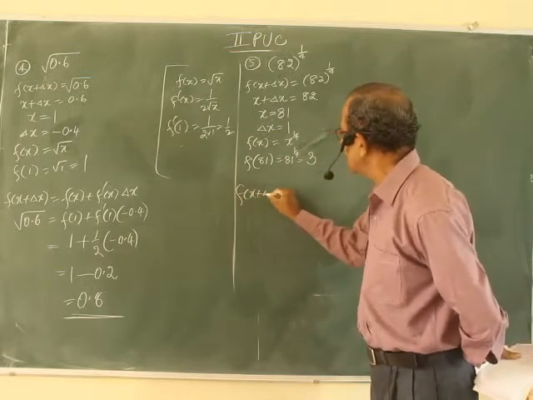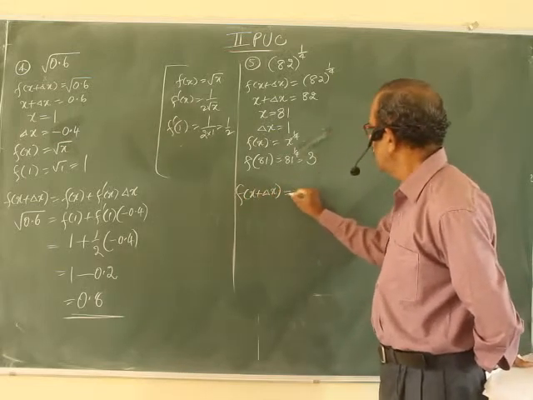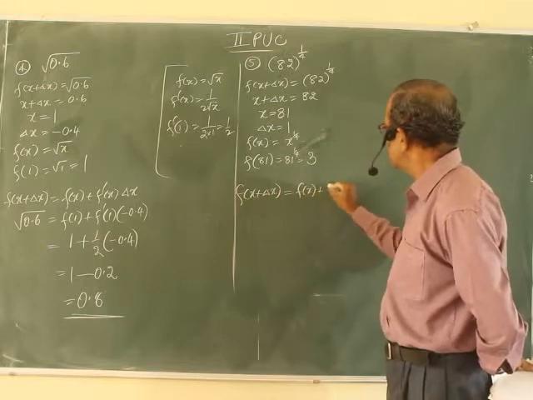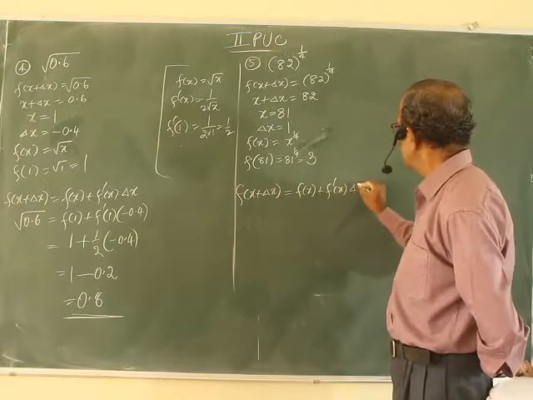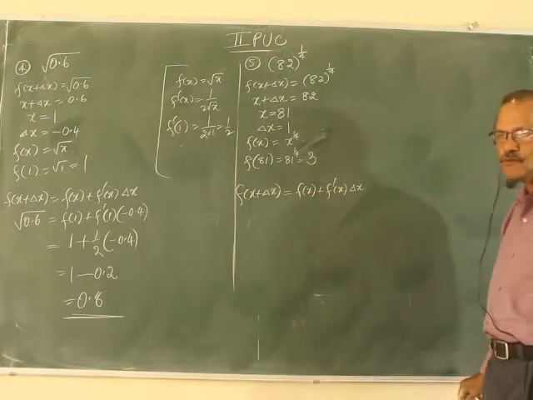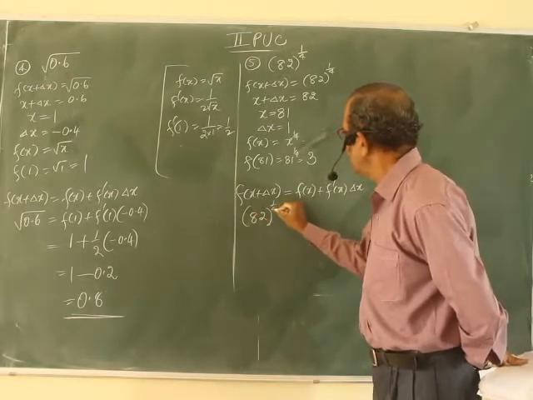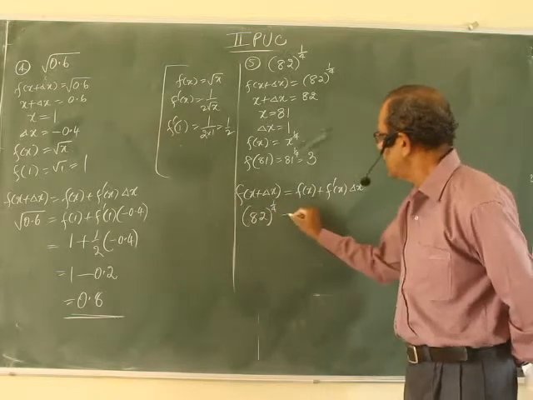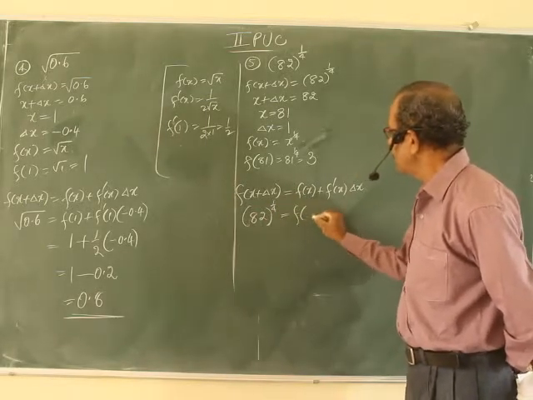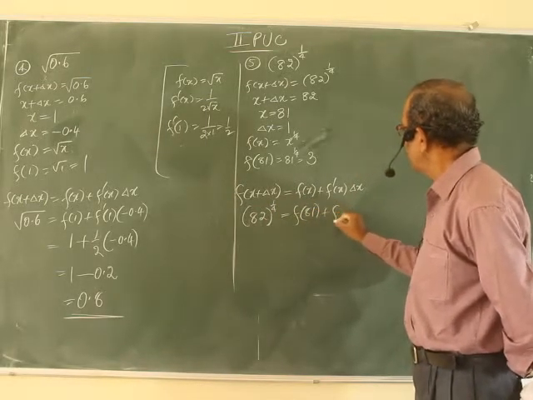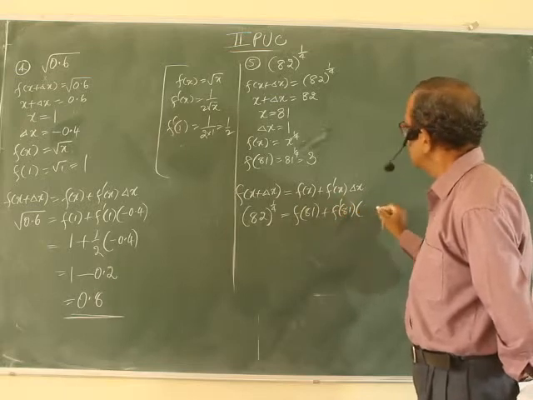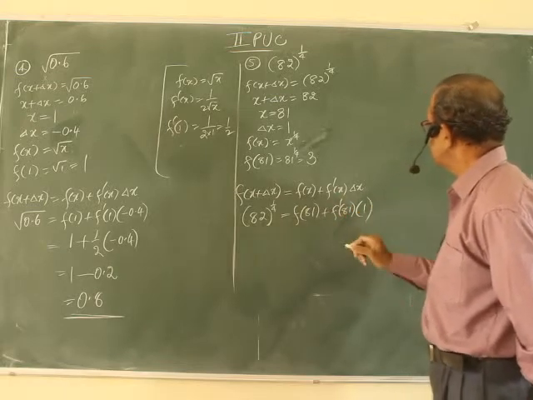f of x plus delta x equal to f of x plus f dash of x into delta x. 82 to the power 1 by 4 equal to f of 81 plus f dash of 81 into delta x, which is 1.